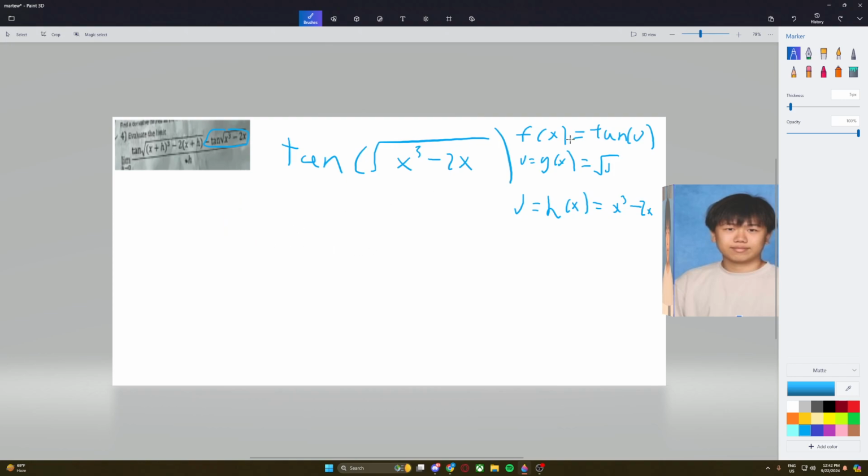So f prime of x is secant squared of u times g prime of x, which is, well, the derivative of a square root is 1 over 2 square root of j, times j prime, which would just be 3x squared minus 2.